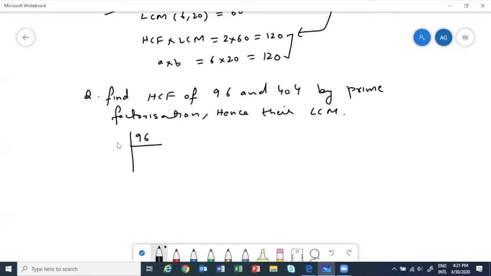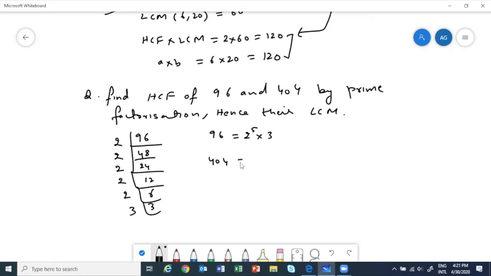So 96, let's prime factorize. We'll have 2 4 times, 2 8 times, 2 24 times, 2 12 times, 2 6 times, 2 3 times, and 3. So 96 is basically 2 power 5 into 3. Okay. Similarly, you do for 404.